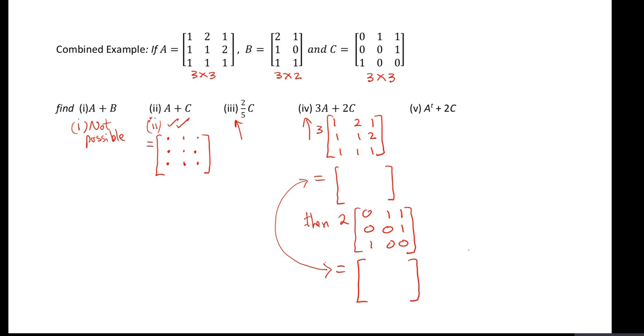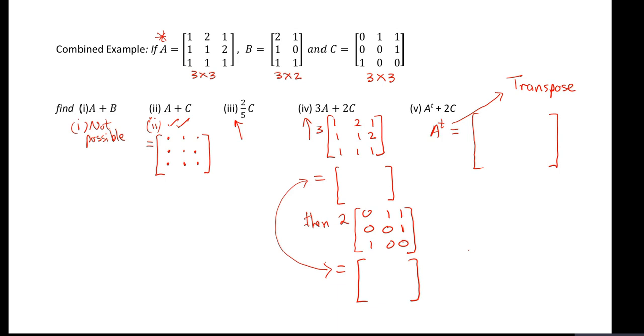What about number 5 now? What does A^T mean? Do you recall? The transpose. What does transpose mean? The rows become columns, or the columns become rows. That's right. So here is A, and I need to transpose that.